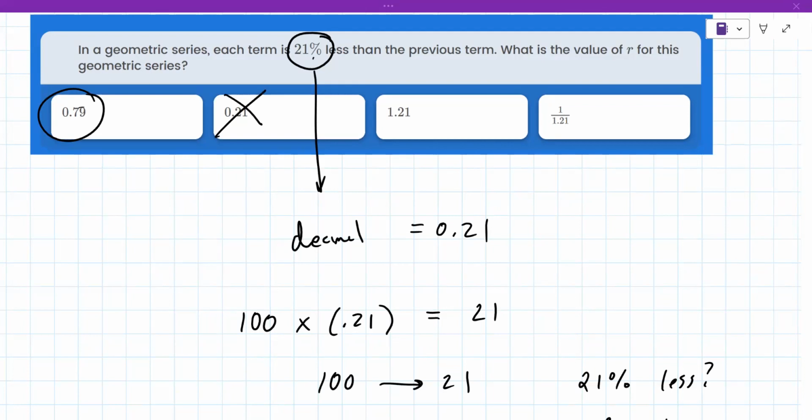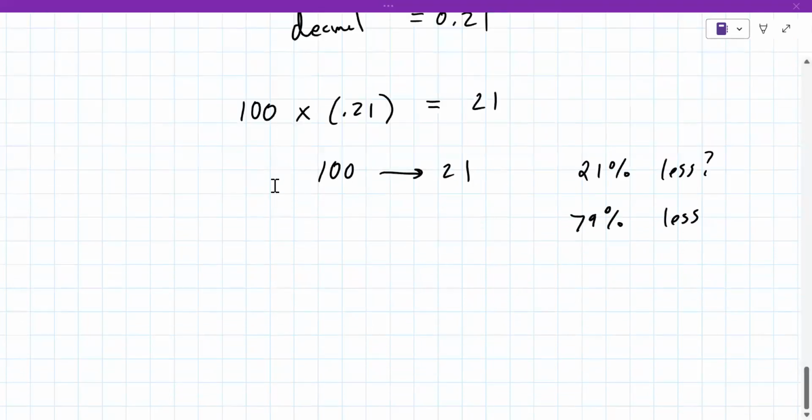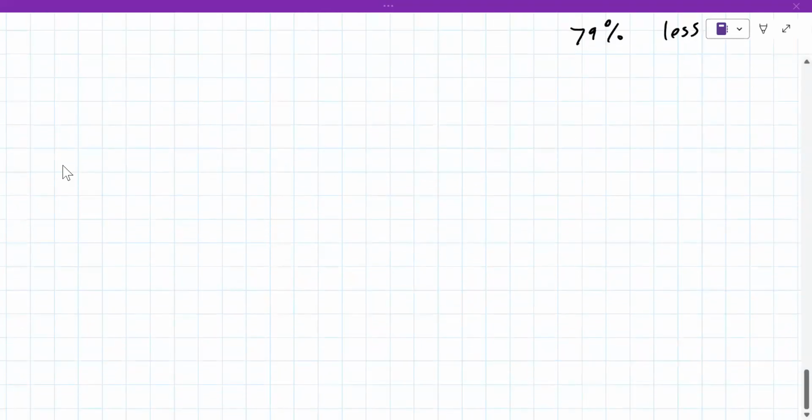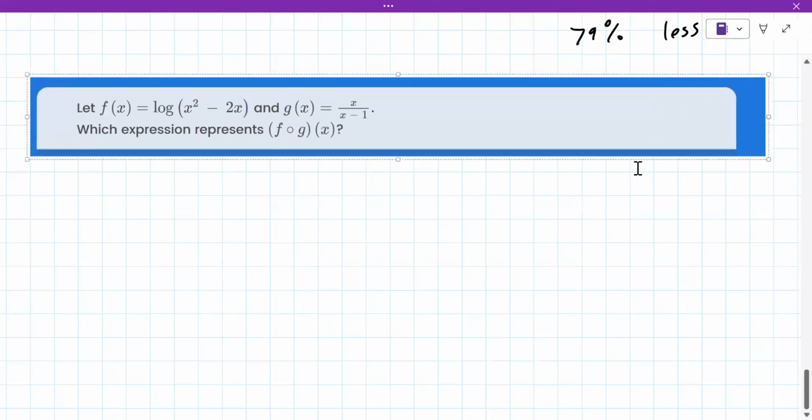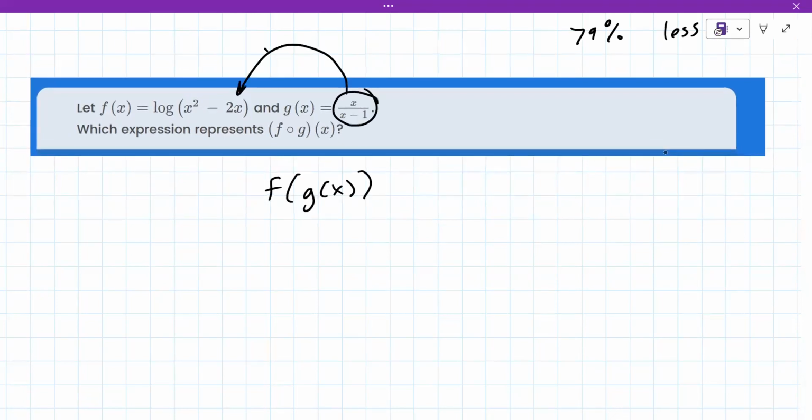So here we go. New problem here. It says, which expression represents f of g of x? So f of g of x. Okay, so that means to take g of x and put it in for x.